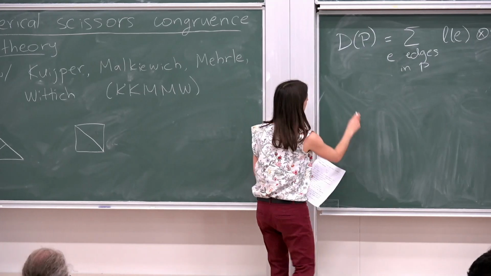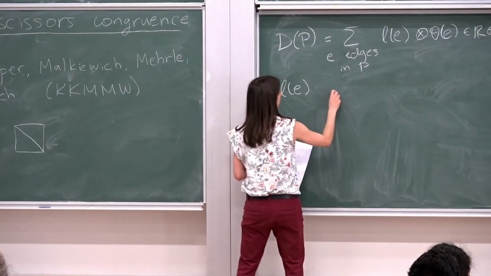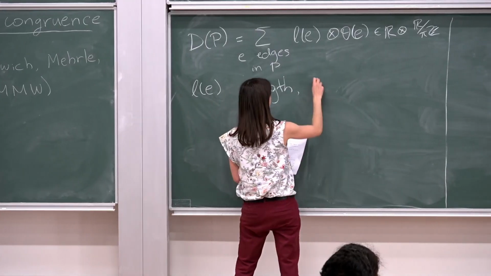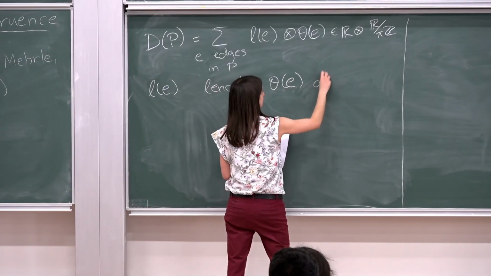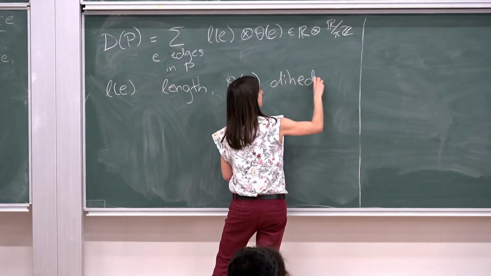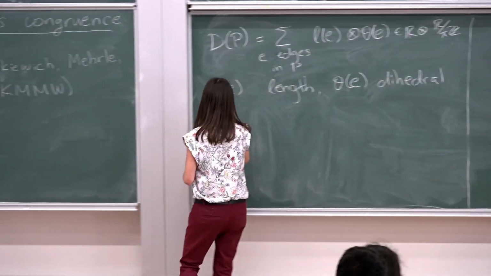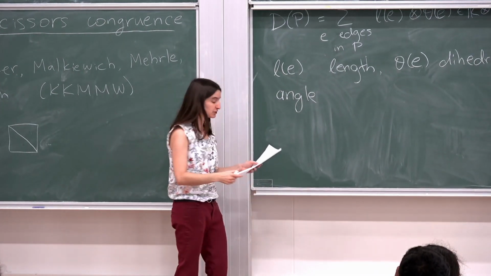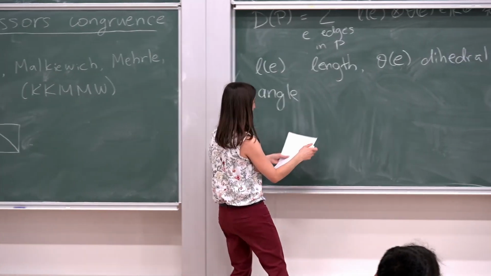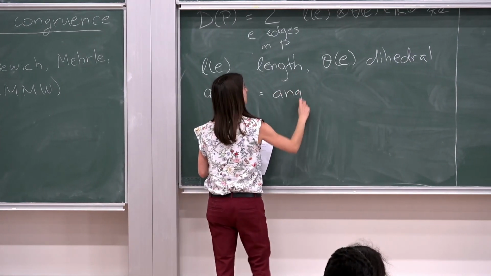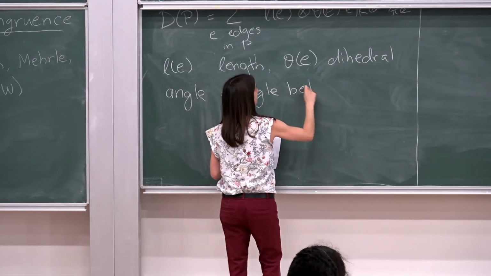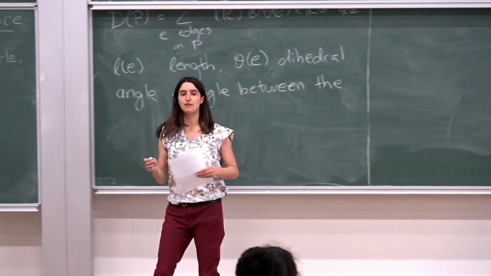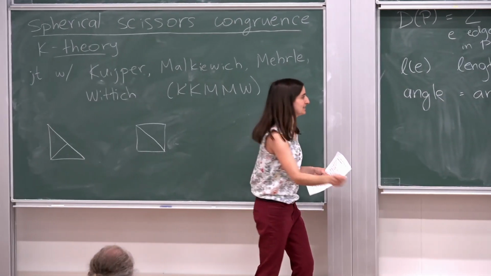Here L is length, and theta is the dihedral angle. The dihedral angle is the angle between the planes of the polyhedron that meet at the edge E.